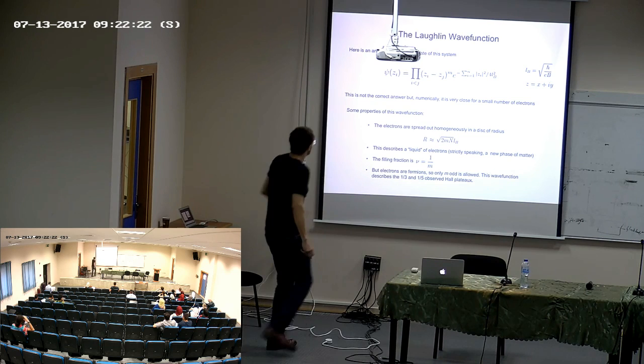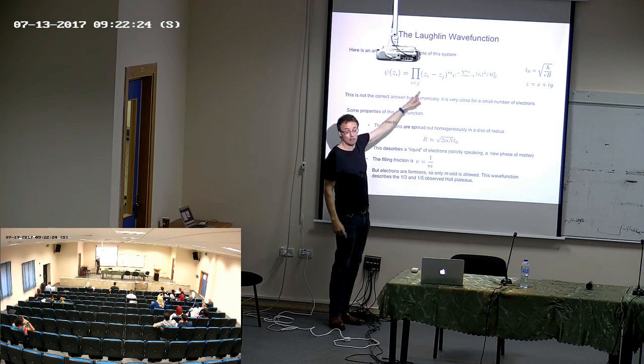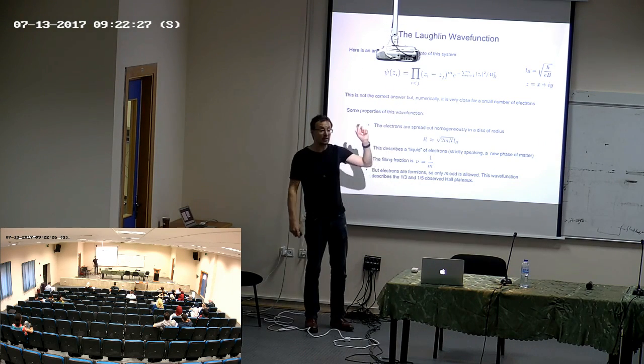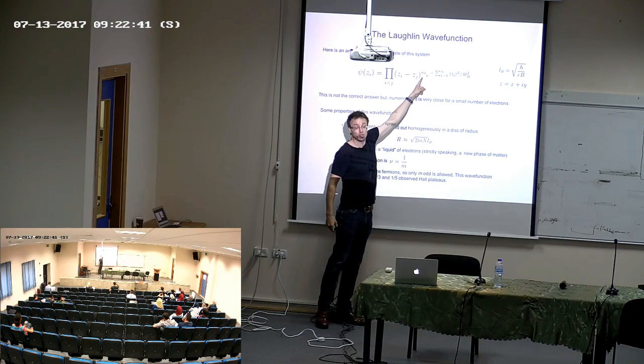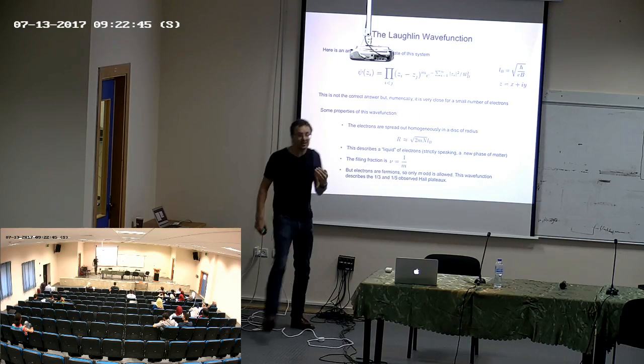But there's something nice that we see, because this is a wave function for electrons. And electrons have to obey the Pauli exclusion principle, or more precisely, they have to be fermions. So if you exchange the positions of two electrons, the wave function has to pick up a minus sign. And you can see that this wave function is going to pick up a minus sign only if m is odd, rather than m being even. So this is quite nice.